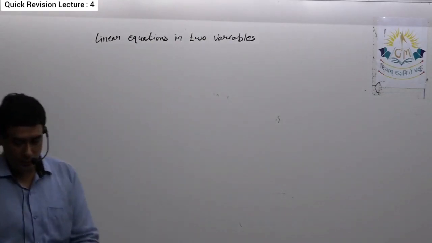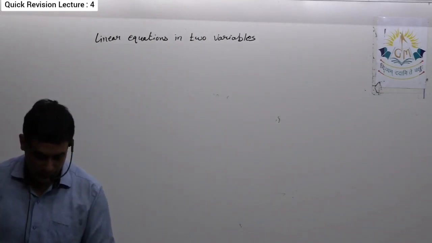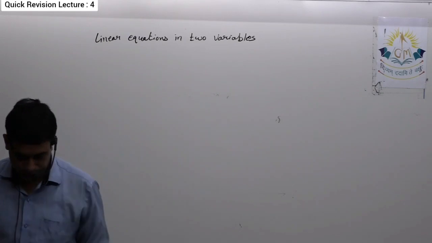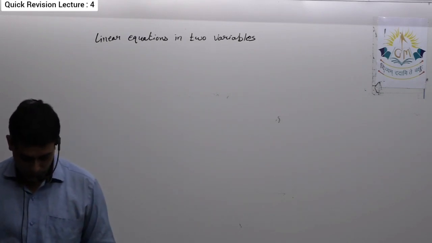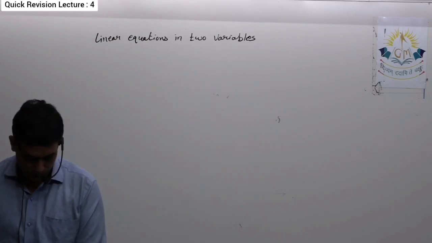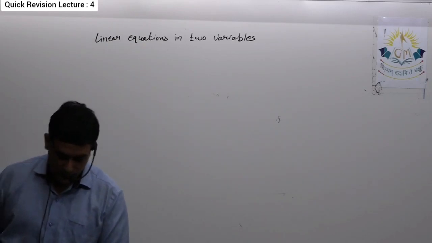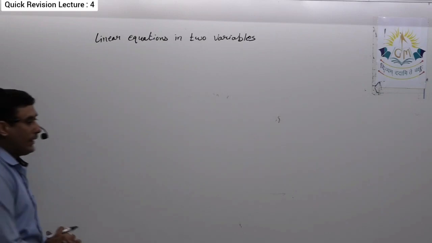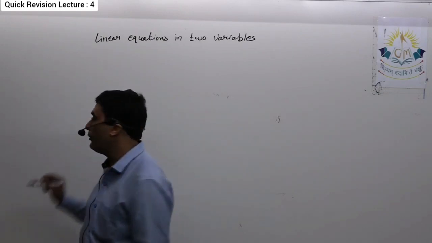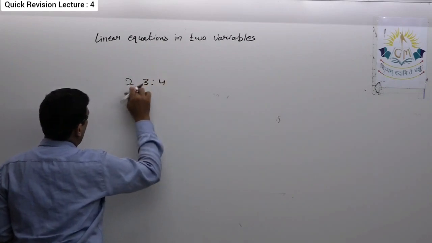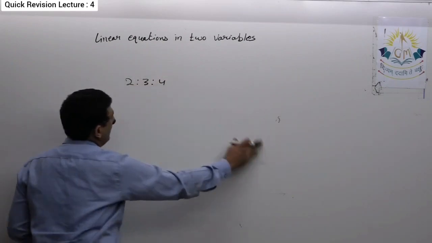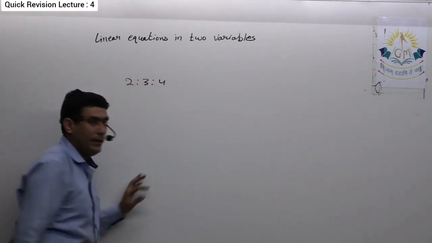Suppose the question is like this, let me take the question from the book itself. Angles of a triangle are in the ratio 2:3:4. These are the ratios of the angles, and they are asking to find the angles.